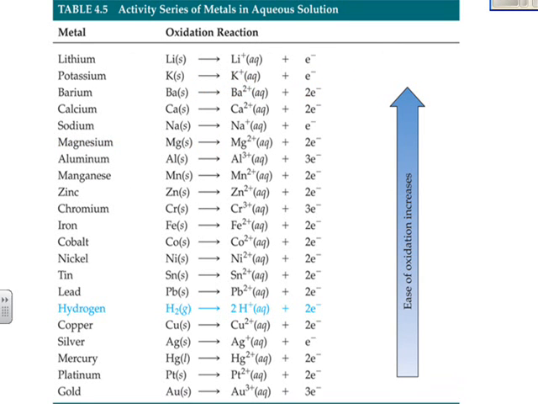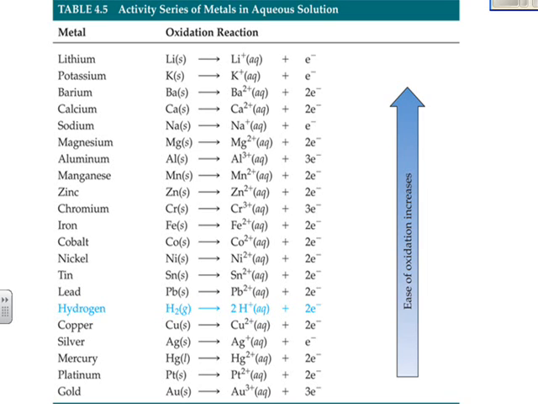Here we have the activity series, which again is inside your book. And basically the idea here is that as far as the metals go, any metal can replace a metal below it on this chart. In other words, it can force the other one to take its electrons.